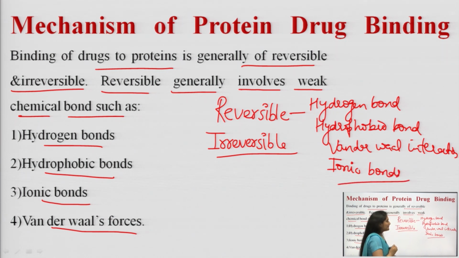Next is the irreversible type, and this irreversible type consists of covalent bond.